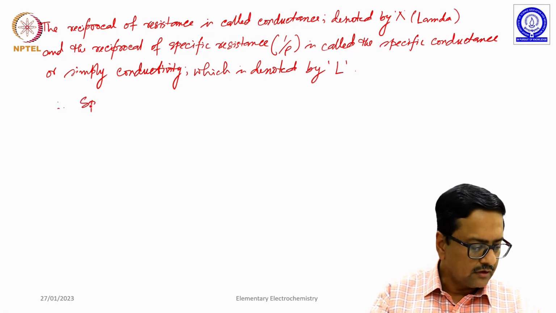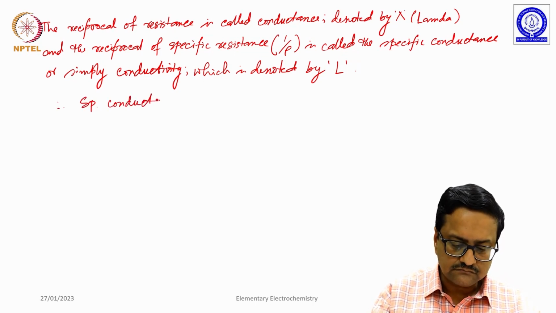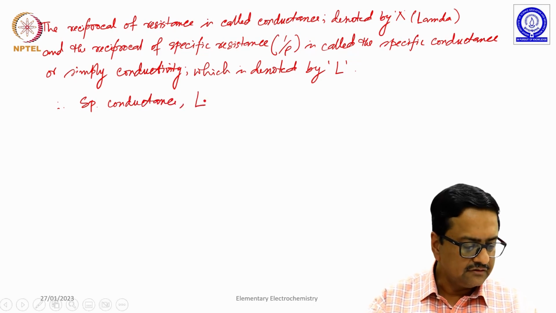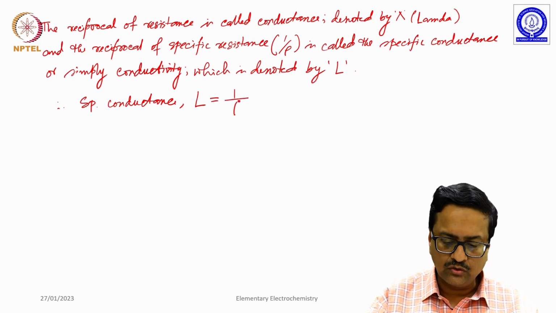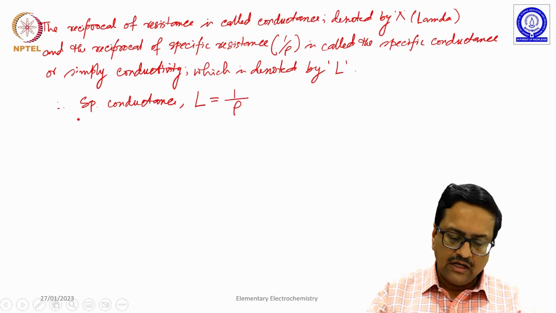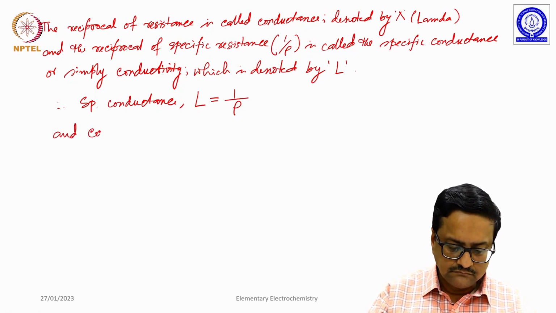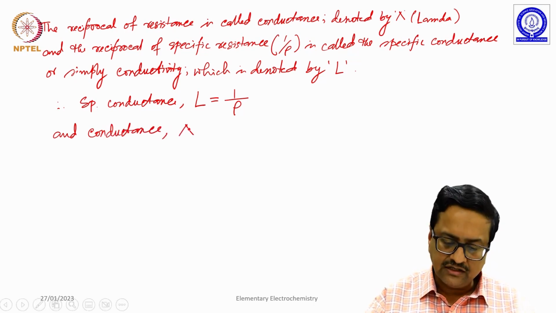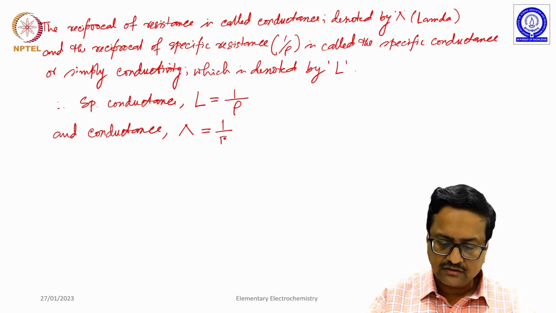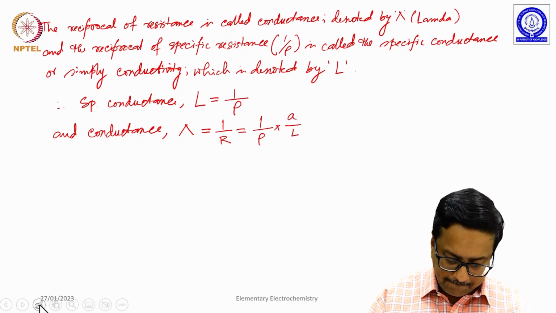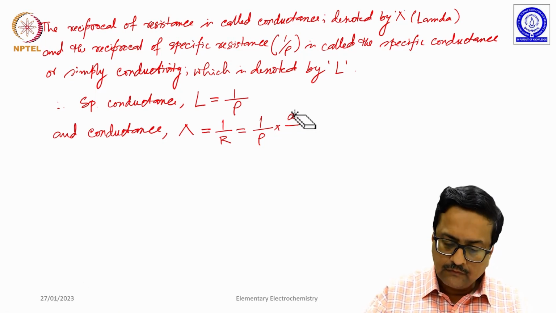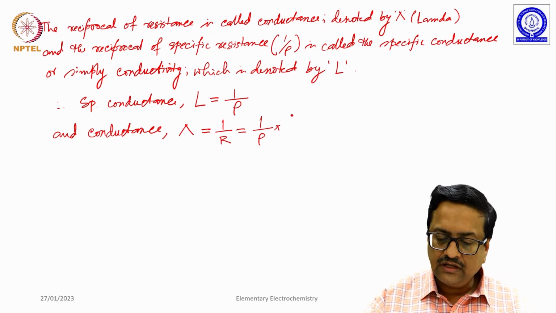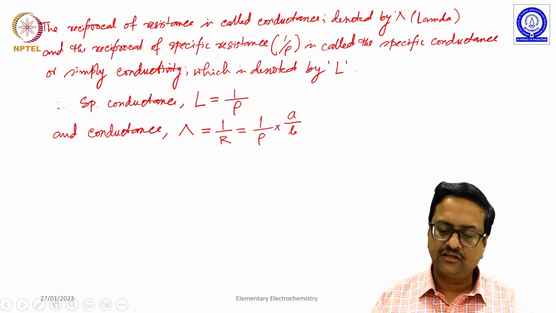So, specific conductance, which is written as L, is nothing but equal to 1 by rho, and conductance, which is written by capital lambda, is equal to 1 by R, which is equal to 1 by rho into A by l, where small l is the length of the conductor.